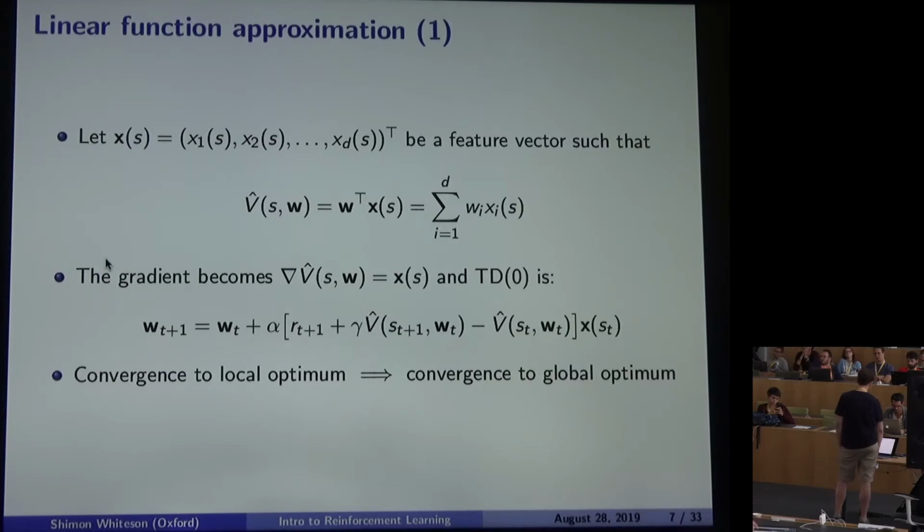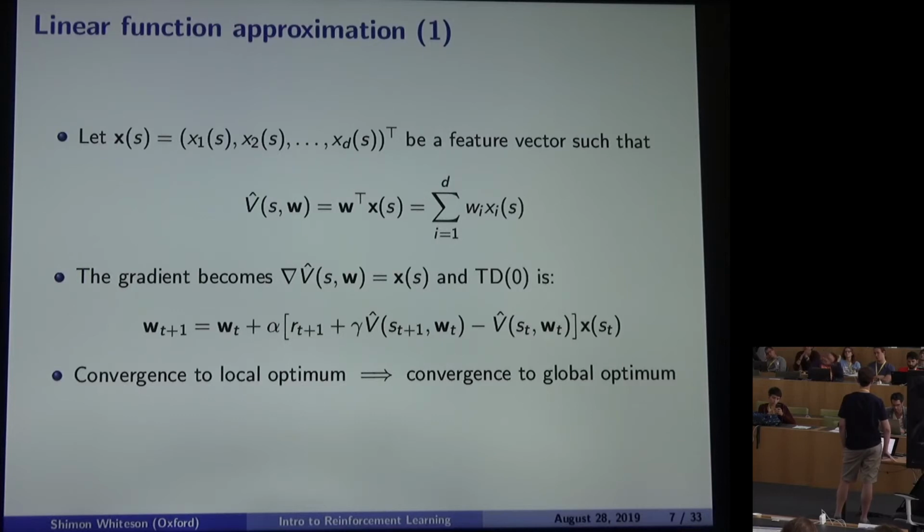In this case, the gradient term just becomes the feature vector itself, and our TD(0) update rule reduces to what's shown here. This is just like the update rule we saw before, but now the gradient term is just the feature vector itself. Because we're doing linear function approximation, we have the nice property that if we converge to a local optimum, that local optimum will also be the global optimum.